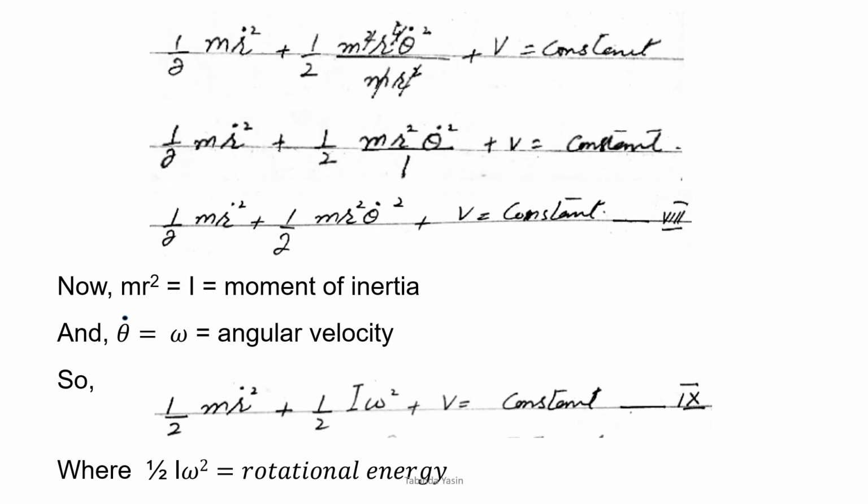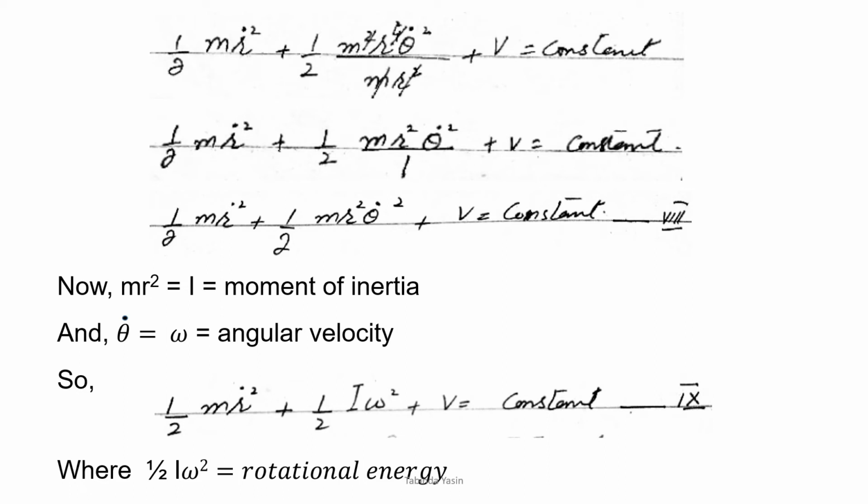Giving that equation number 9, we know that 1 over 2 I omega square is the rotational kinetic energy, and here r dot means the linear velocity dr over dt. So we can see that 1 over 2 m r dot square is similar to the equation 1 over 2 m v square.